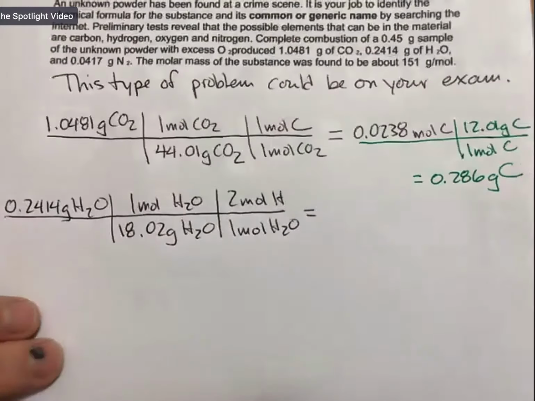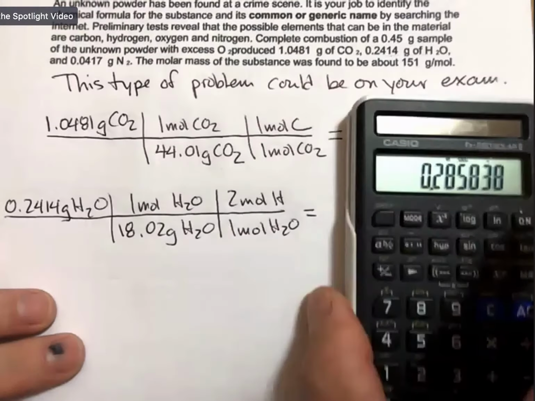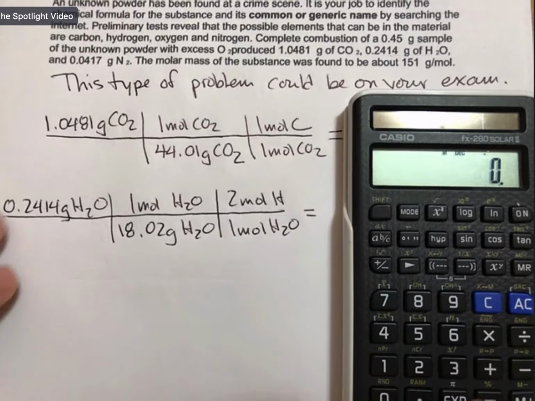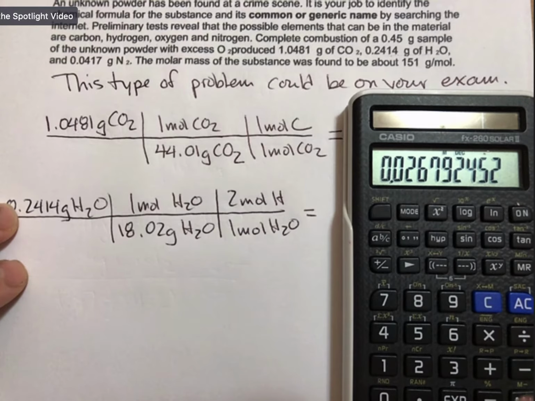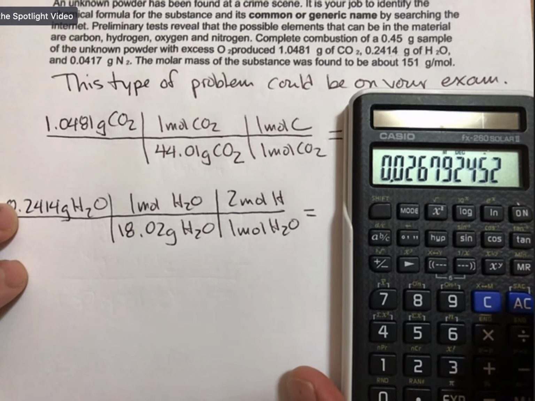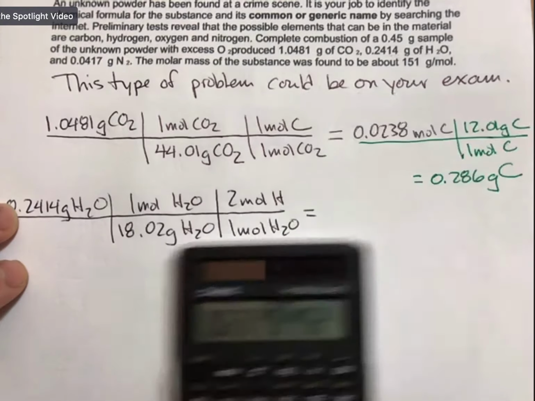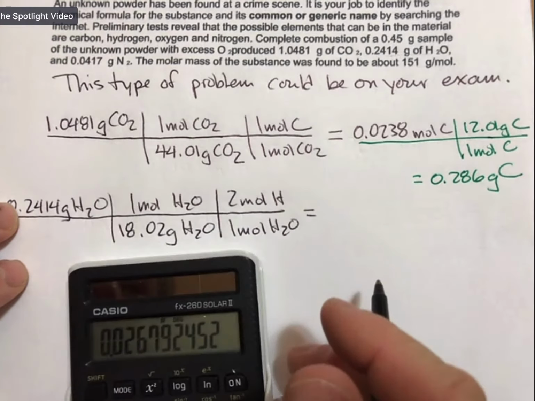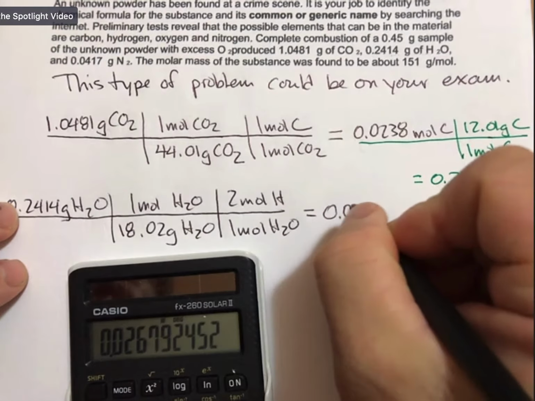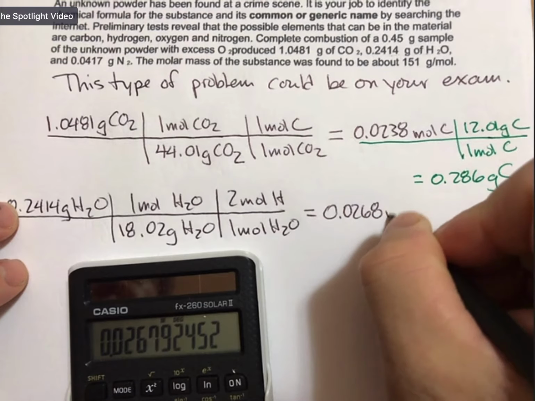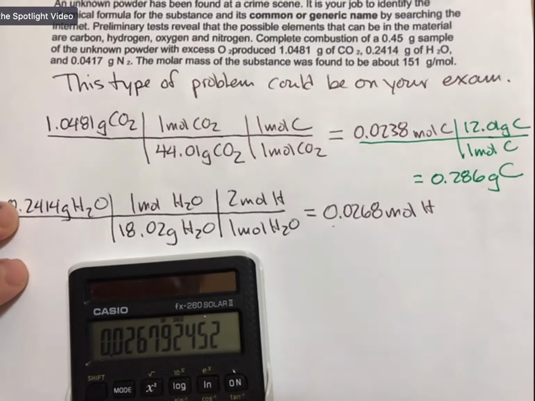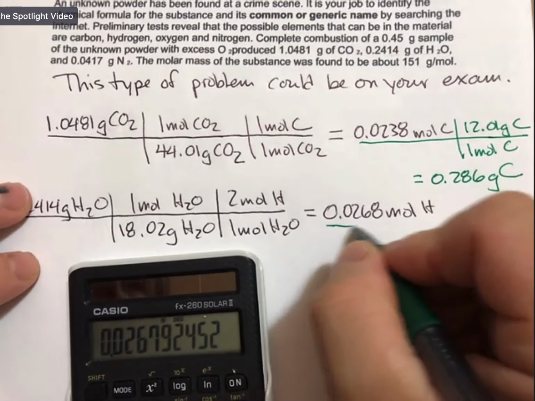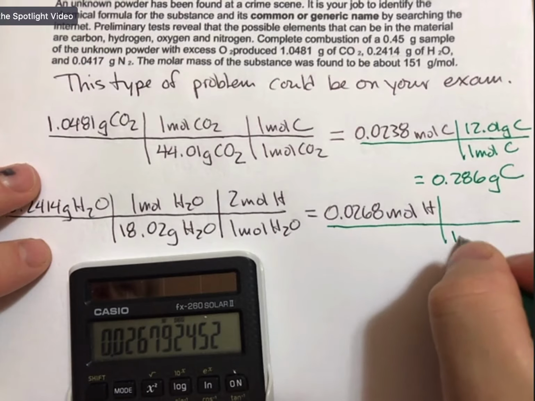So I'll multiply this out: 0.2414 divided by 18.02 times 2. I get 0.0268 moles of hydrogen. And we will turn those into grams of hydrogen.